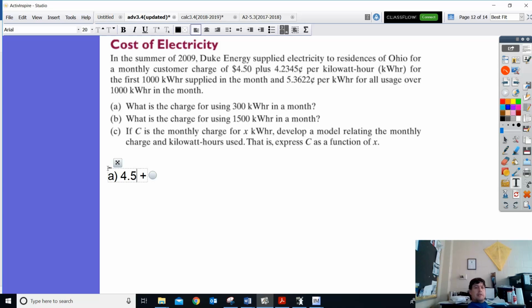Let me rewrite this as a function. Cost as a function, we'll use K per kilowatt. It's $4.50 plus 4.2345 kilowatts. So all we got to do is plug in a 300 for the amount of kilowatts we use, right?